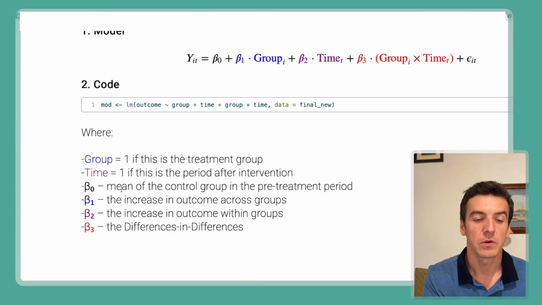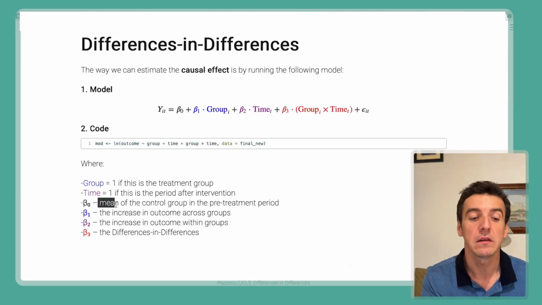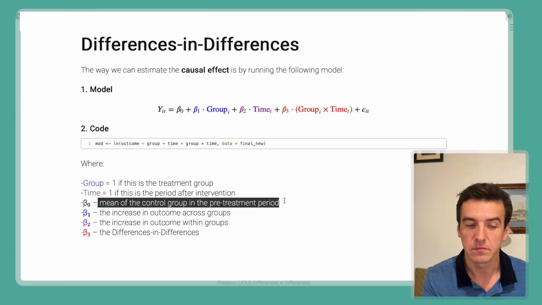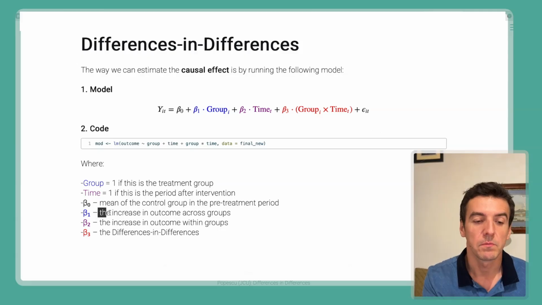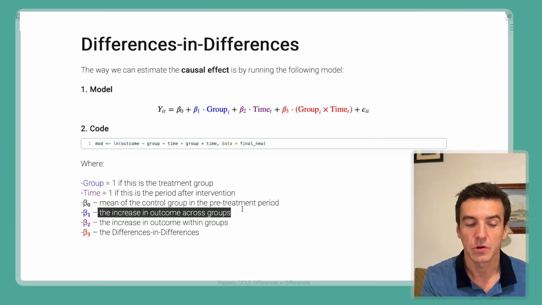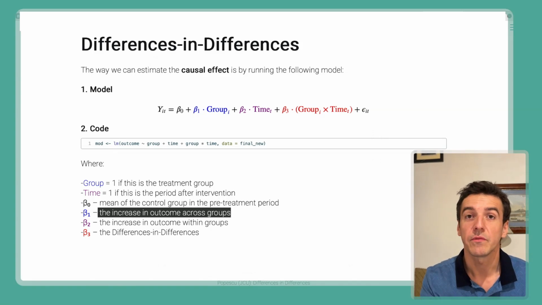And then what we're looking at first is beta 0, which represents the mean of the control group in the pre-treatment period. So in our case, this would be Pennsylvania in the pre-treatment period. Beta 1 is the increase in outcome across groups, so the difference between Pennsylvania and New Jersey.